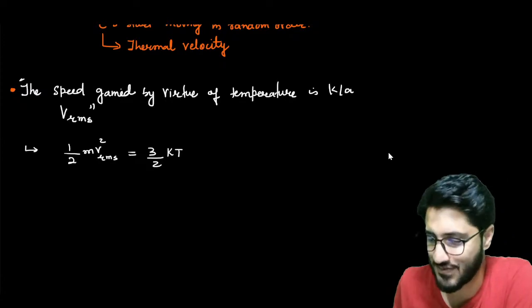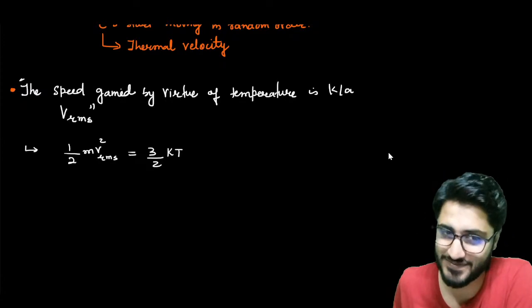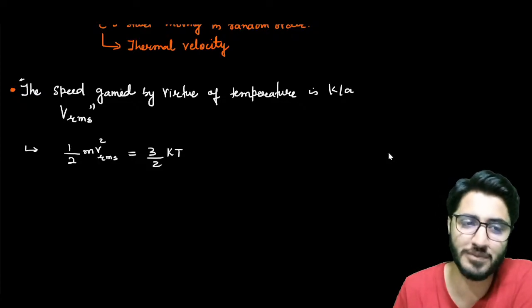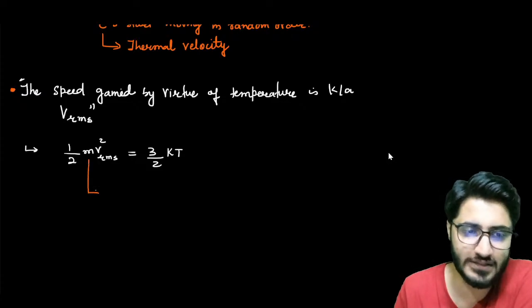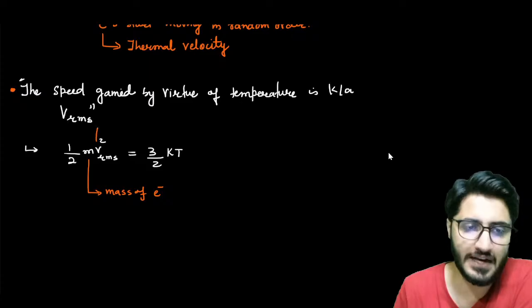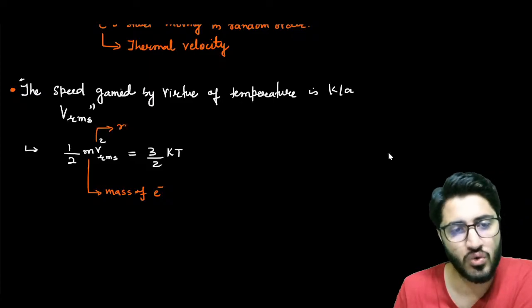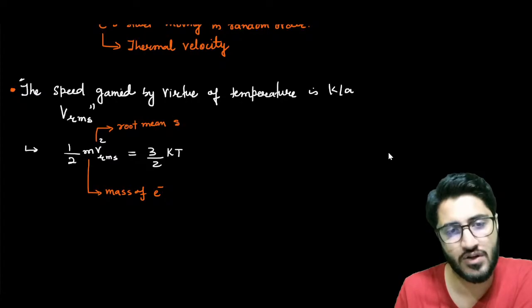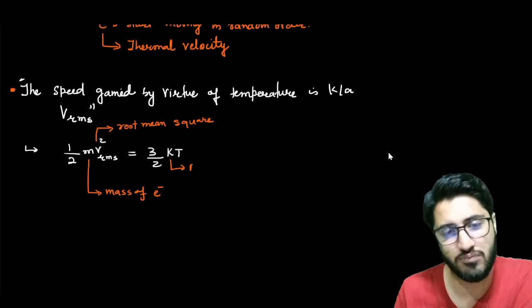Boltzmann constant. What is T? Temperature. I will write the notation now. m means mass of electron, VRMS is root mean square speed, and k is Boltzmann's constant.